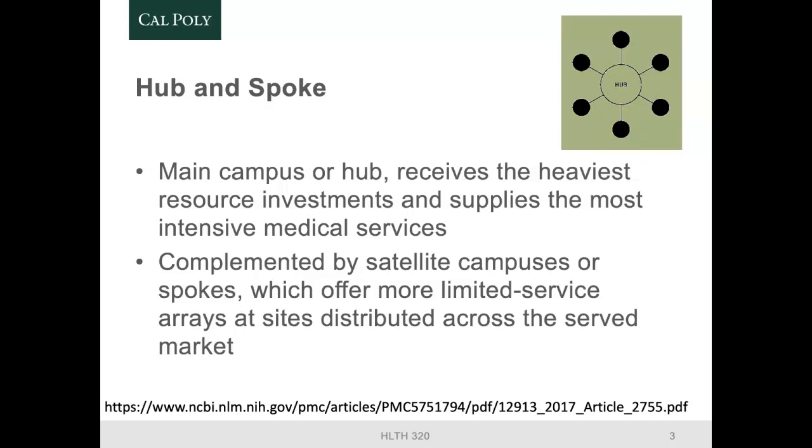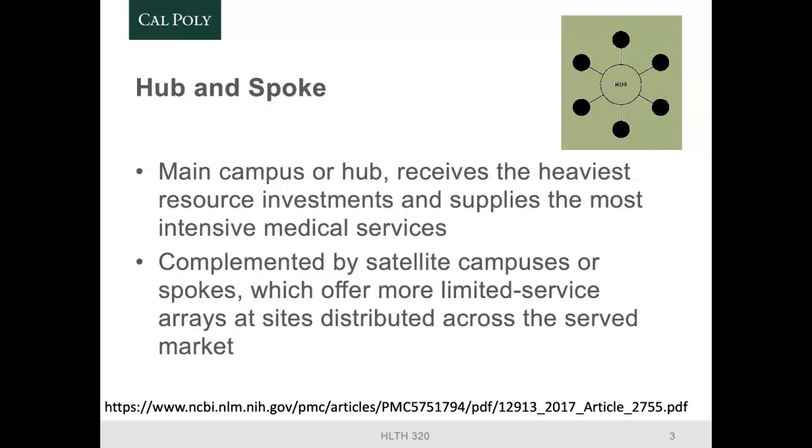These spokes offer more limited services at the sites that are distributed across the market. So the basic healthcare needs of individuals are addressed locally through these network satellite facilities or spokes. But in cases where someone might need more intensive medical interventions, those patients are then routed to the main campus or the hub for treatment.